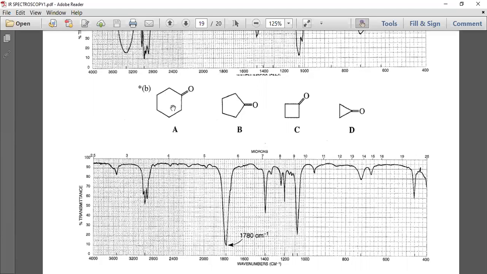It is normal 1720 or 1710, something like this, 1720. Then when we decrease the ring size, its frequency increases. As I said, increase by 30: 1720, 1750, 1780, 1810. So given 1780, that means it is C. So just remember this, increase by 30 or decrease by 30. Then you can easily answer them.